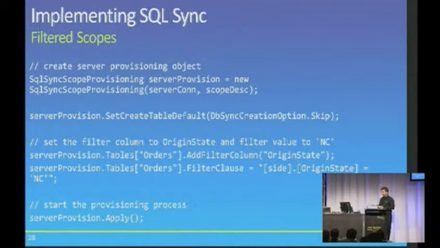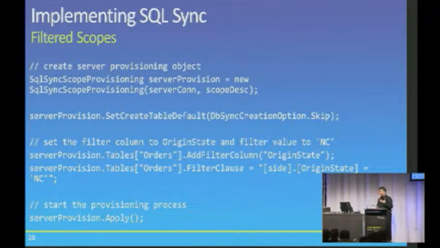Now you want to know about filtering. I can set up a scope, pretty much the same as before, set the table default descriptions, and then set the filter column on particular rows in the table. And this says, in this particular case, that the origin state has to equal NC.